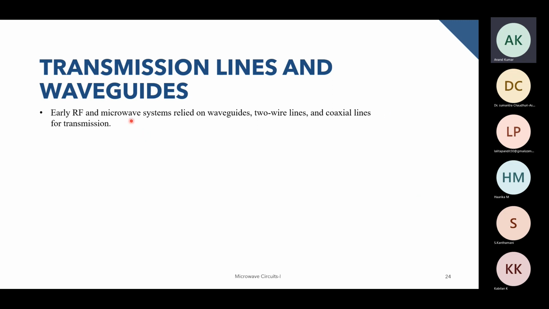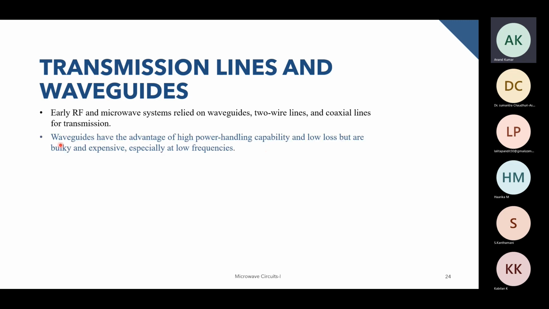The early RF and microwave systems relied on waveguides, two wire lines and coaxial lines for transmission. But waveguides had the advantage of high power handling capability. This is why we prefer waveguides whenever the power is very high.